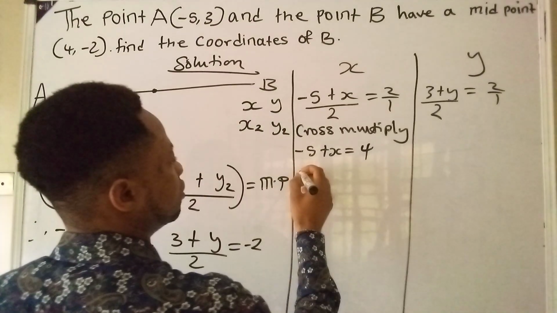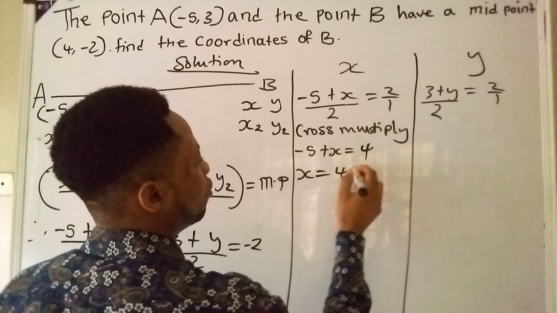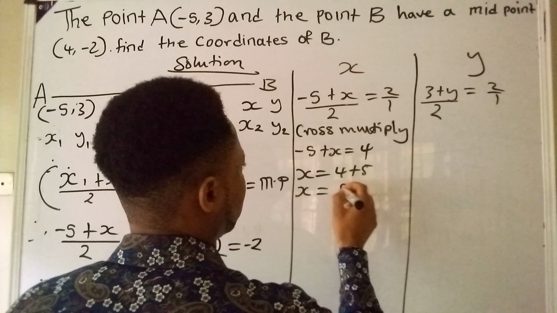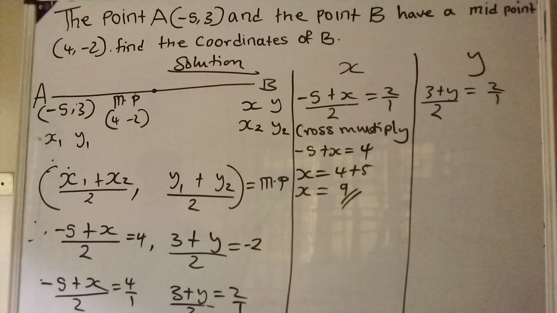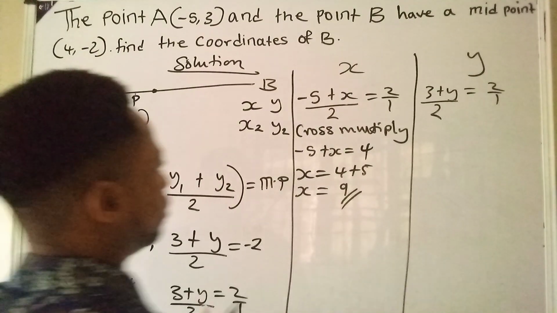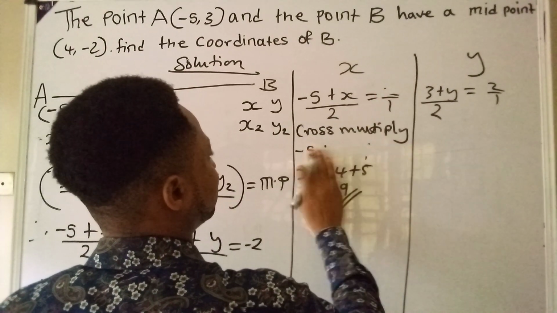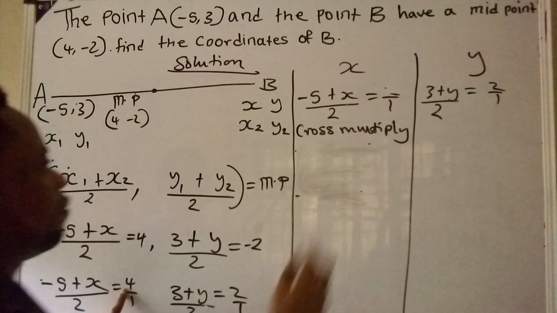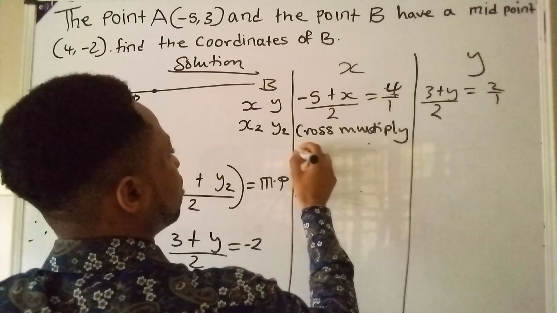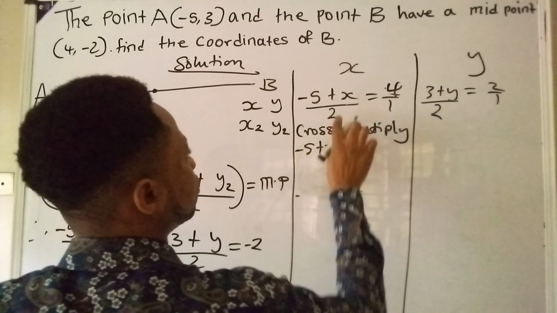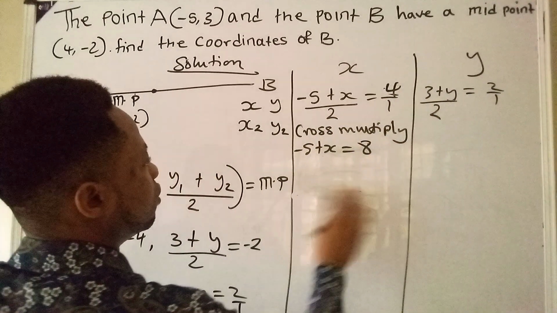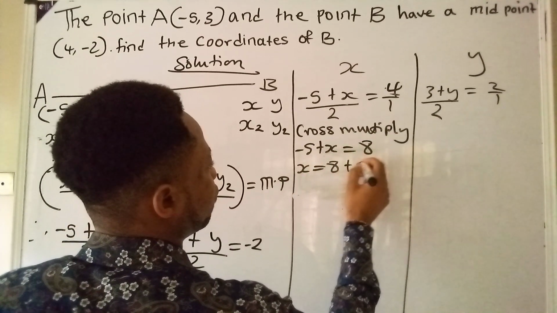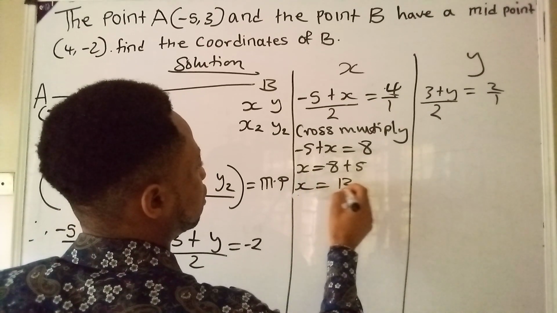Sorry, we have 4 here, not 2. We have -5 plus X equal to 2 times 4, which gives you 8. So X equal to 8 plus 5, X equal to 13.